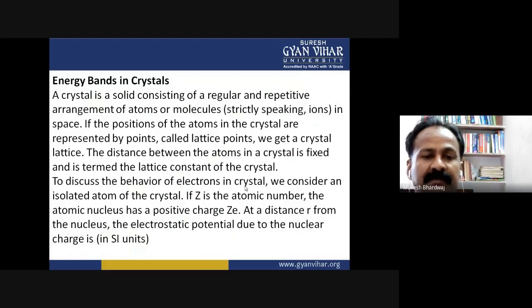To discuss the behavior of electrons in a crystal, we consider an isolated atom of the crystal. If Z is the atomic number, the atomic nucleus has positive charge Ze. At a distance r from the nucleus, the electrostatic potential due to the nuclear charge is given in SI units.